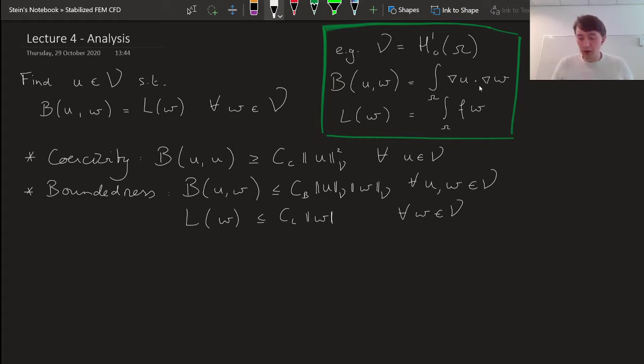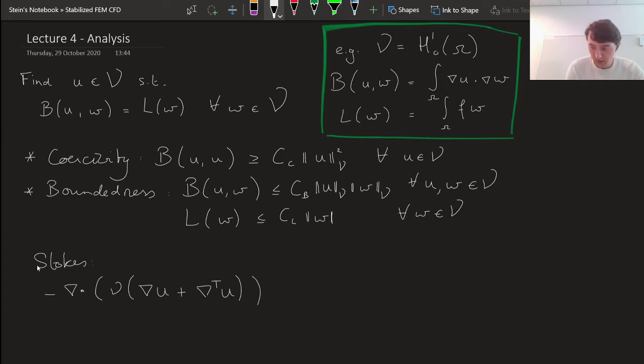So in strong form, and again, there were many different ways of writing these equations, but one of them says that we have minus the divergence of nu times the gradient of u plus the transpose gradient of u, plus the gradient of the pressure being equal to a body force, with the constraint that the divergence of u is equal to 0. That meant that it's an incompressible flow.